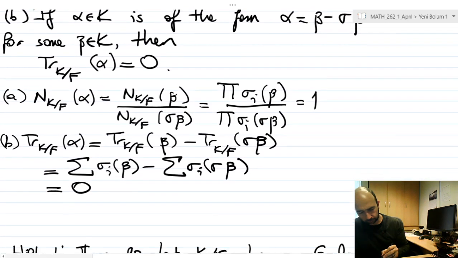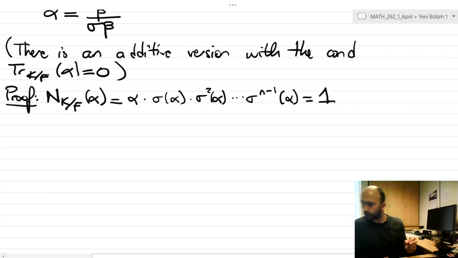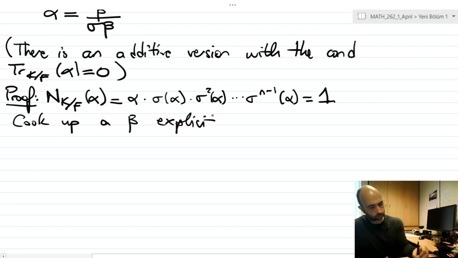Now we want to cook up this beta explicitly. Okay, here's how it's going to go.